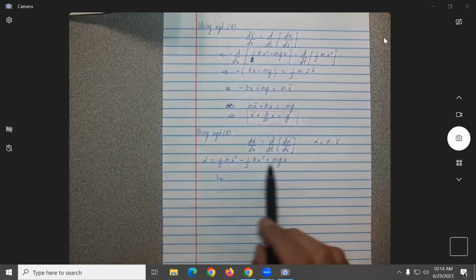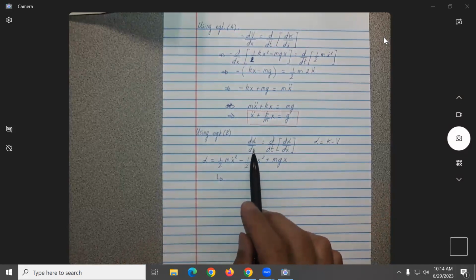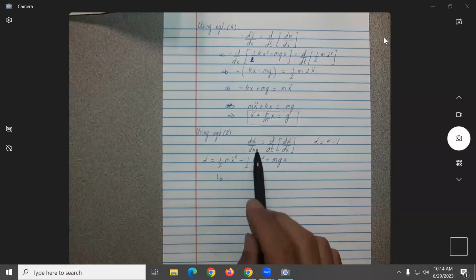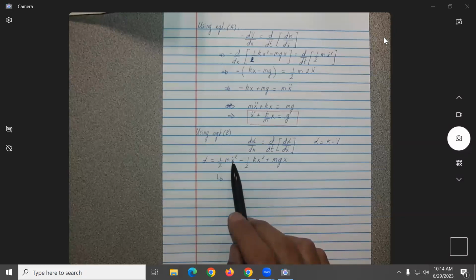So maybe we can do it directly. If we take the derivative of this one with respect to x, what is this going to be equal to? So this one is in function of x dot, no? So this will be 0, no?